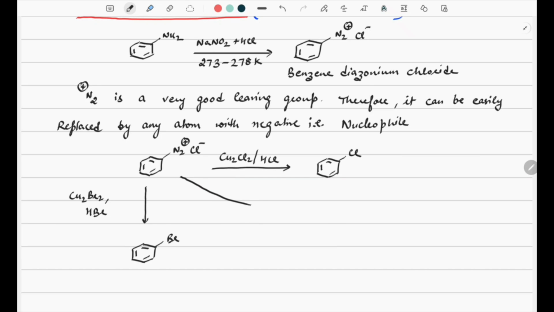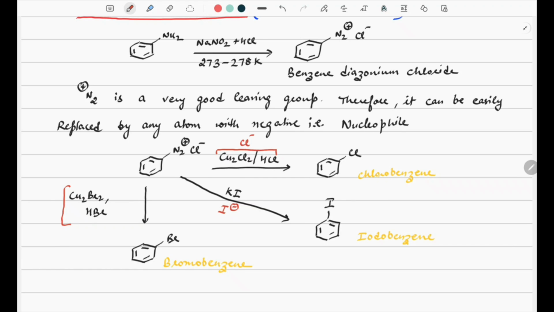On the other hand, if the reaction is carried out with potassium iodide, then we get iodobenzene as the final product. Therefore, the cuprous chloride and HCl mixture gives you Cl minus, potassium iodide gives you I minus, and the mixture of cuprous bromide with HBr is equivalent to bromide ions. These ions basically replace the nitrogen from that diazonium salt.